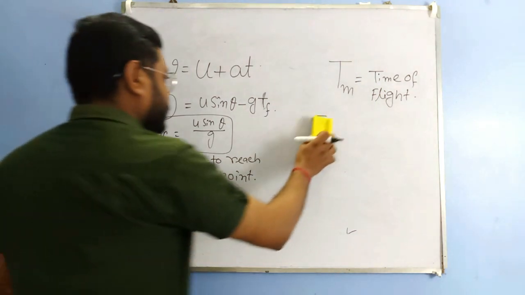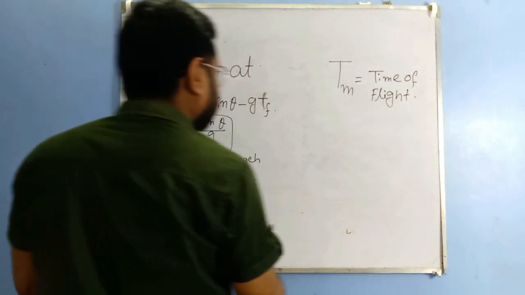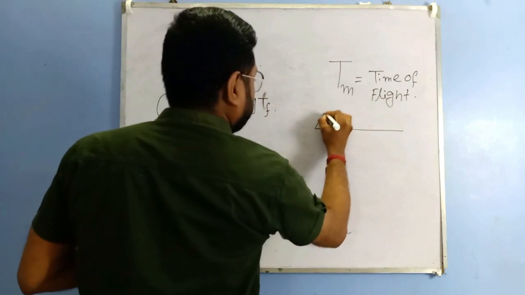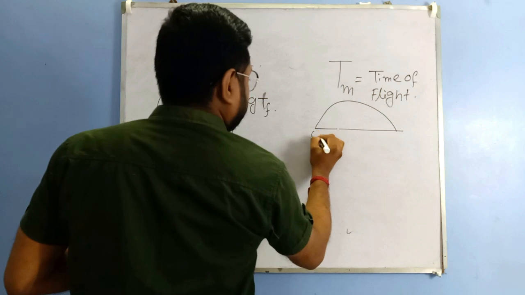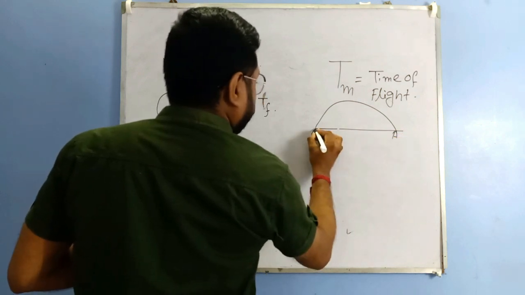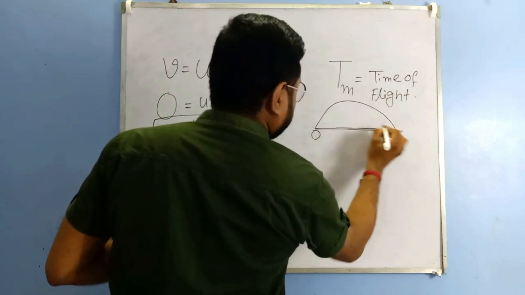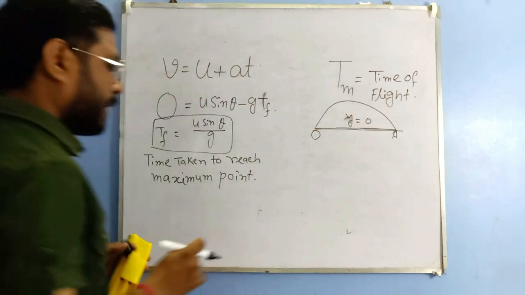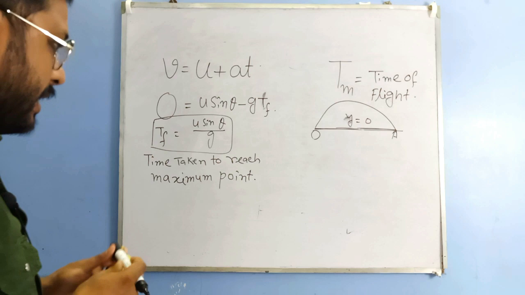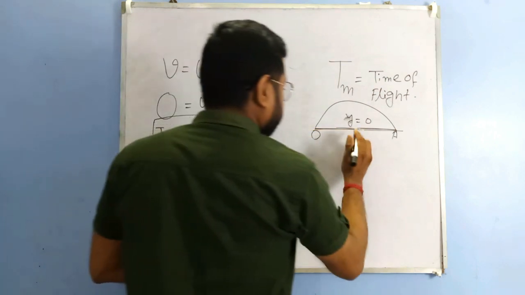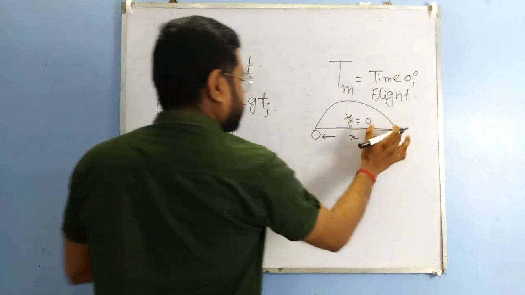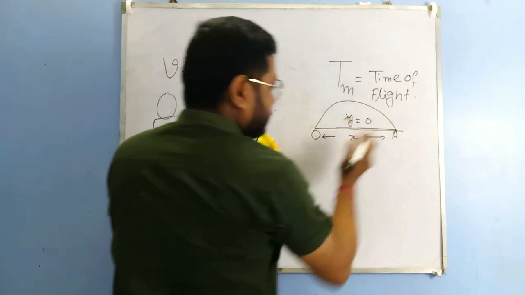Then for this Tm, if we take the diagram of projectile motion O to A, the vertical distance y is equal to 0. Horizontal distance is x, but the vertical distance, as they are on the same plane, is 0.